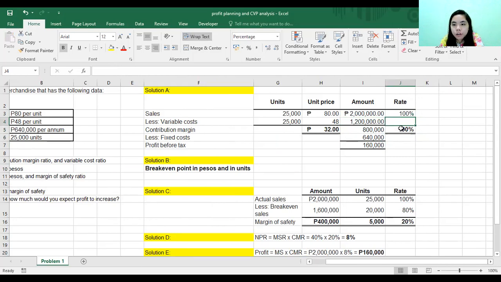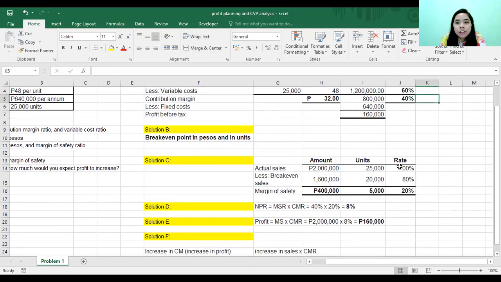Your variable cost would be your variable cost divided by your sales. So that's 60%. Therefore, your contribution margin is 40%. So the 40%, or 800,000, will be the one to absorb your fixed cost. Then once the fixed cost is absorbed, what is left would be your profit. Okay? So that's it.